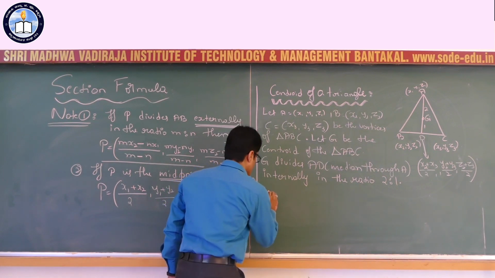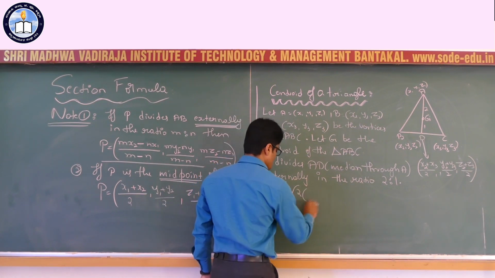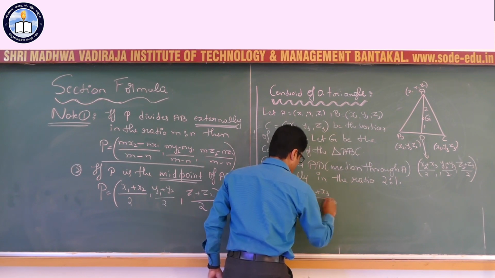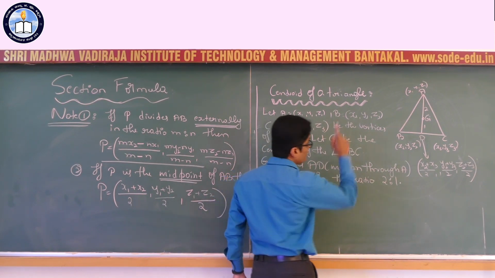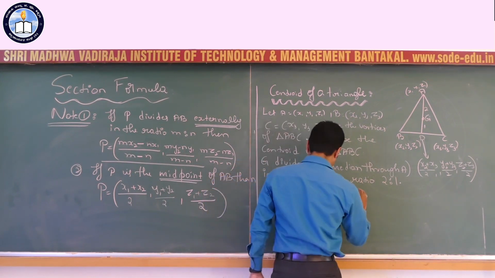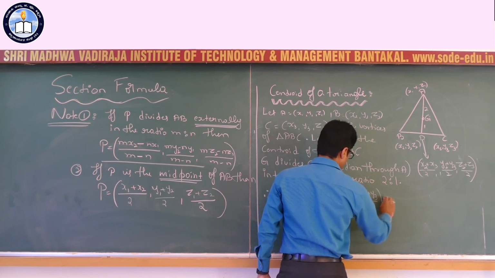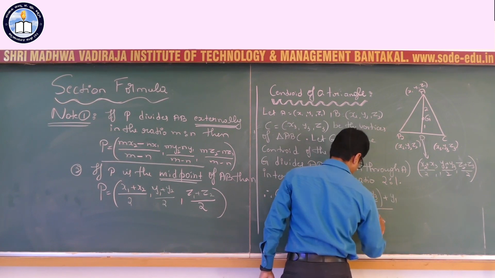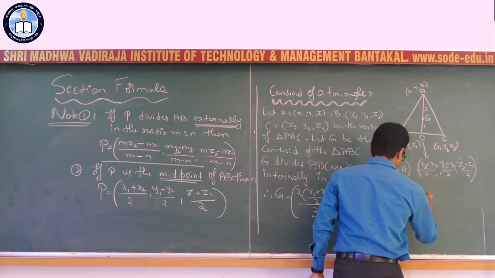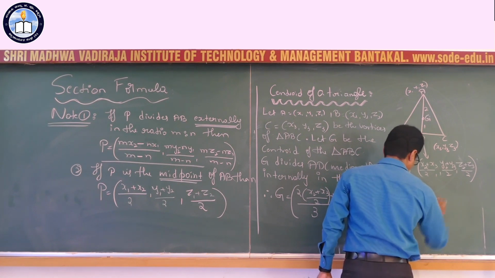Therefore, what are the coordinates of G using the section formula? You know this. 2 into (x2 plus x3 by 2) plus 1 into x1, divided by 2 plus 1, that is 3. Next, same story for y: 2 into (y2 plus y3 by 2) plus 1 into y1, by 3. Next, 2 into (z2 plus z3 by 2) plus z1, by 3.